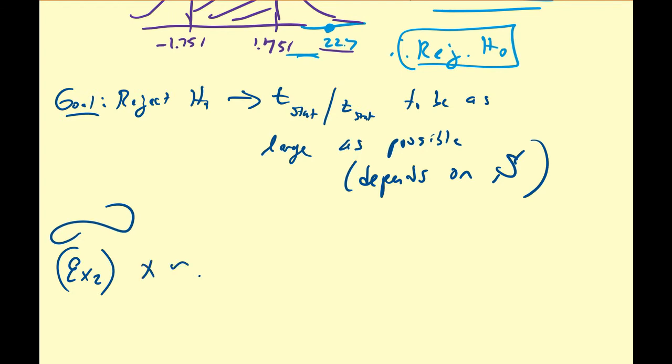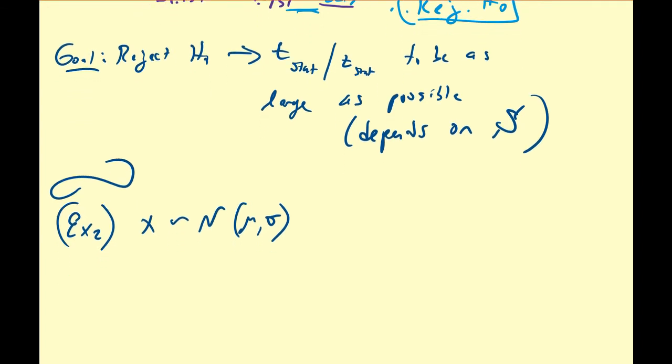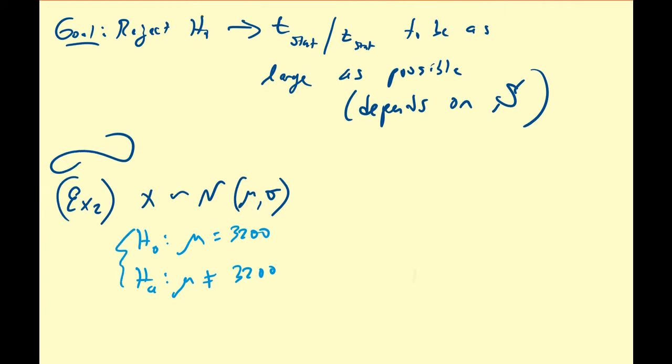Let us again assume that x is normally distributed with mean mu and standard deviation sigma, but let's assume we don't know either of them, which is usually the most common case. Let us assume that the null hypothesis is that mu is equal to 3200, and let us choose the alternative that mu does not equal 3200.